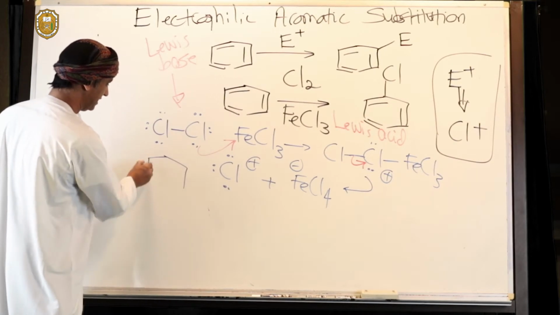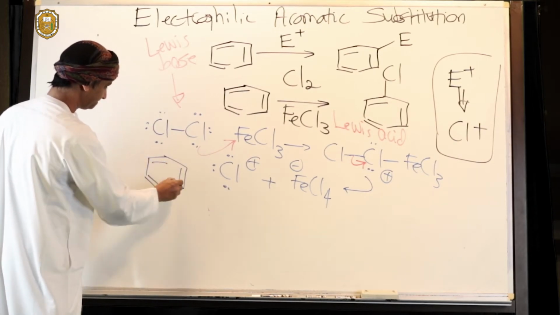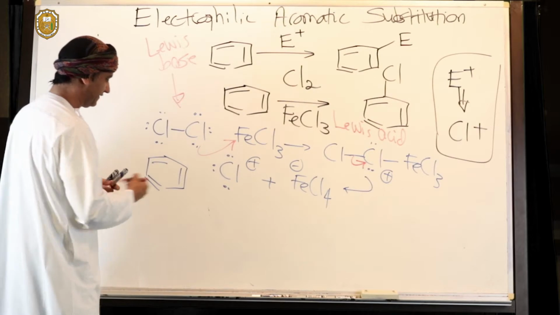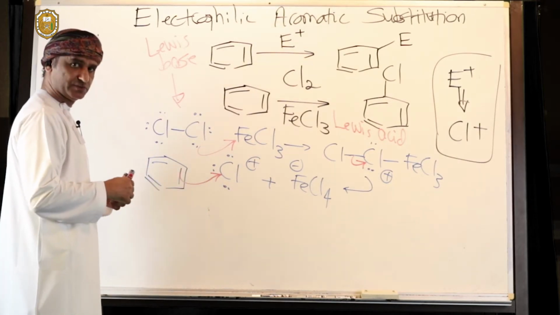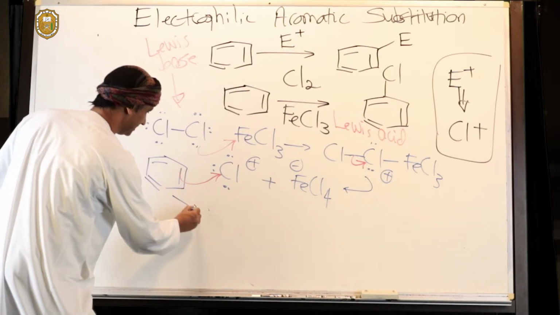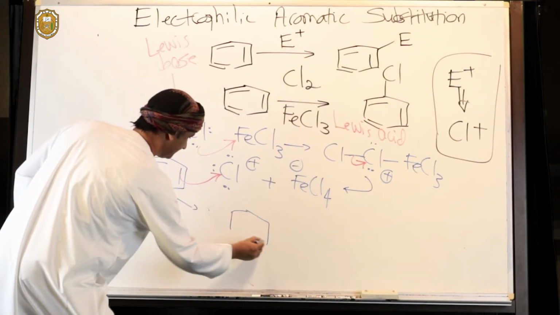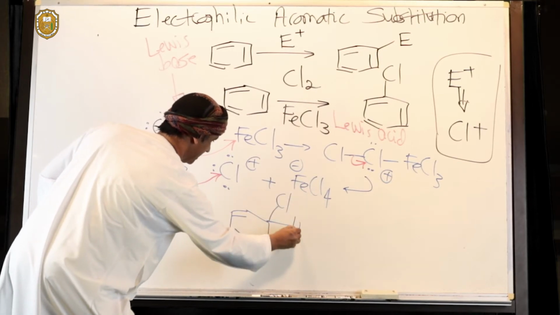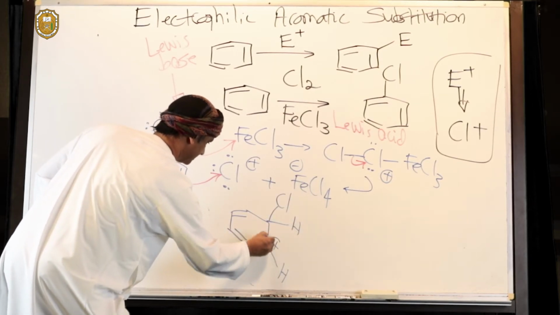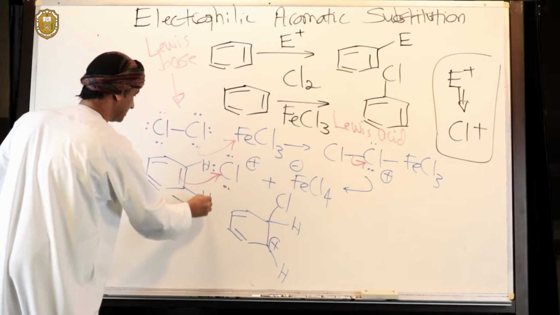The benzene ring will now come in. It would react with the electrophile in a slow initial step, as we discussed before, to give this carbocation. Remember, there are hydrogens on these carbons. There is a hydrogen here, and of course this hydrogen here.